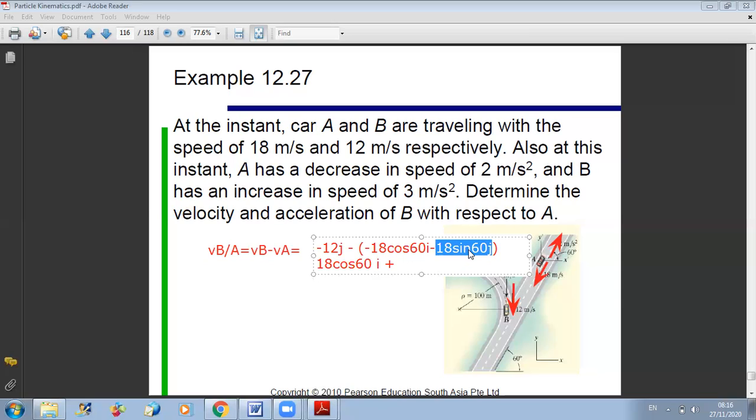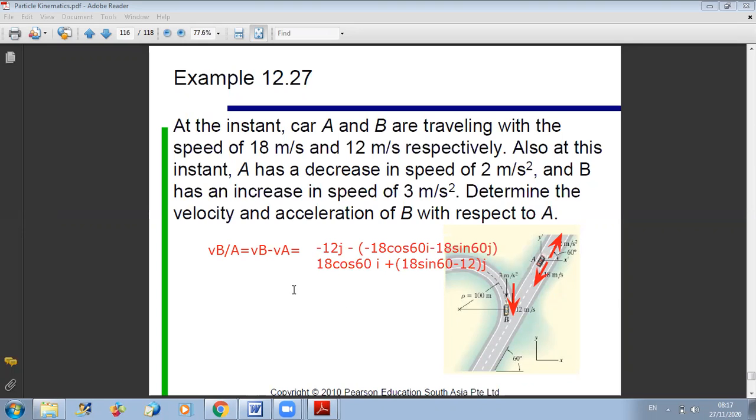So you have plus 18 sine 60 minus 12 along J. Now this result will give you the velocity vector of B relative to A, and as usual you can find its magnitude and its direction.